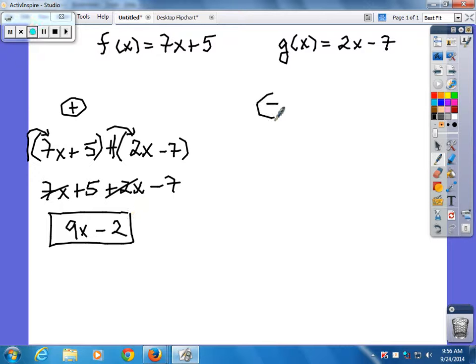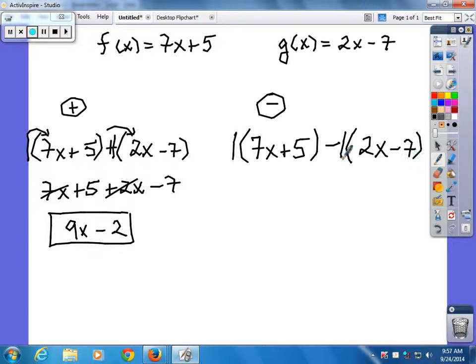Subtract. 7x plus 5 minus 2x minus 7. There's positive 1 here and negative 1 there. Distribute the positive 1, you get 7x plus 5. Distribute the negative 1, minus 2x plus 7.